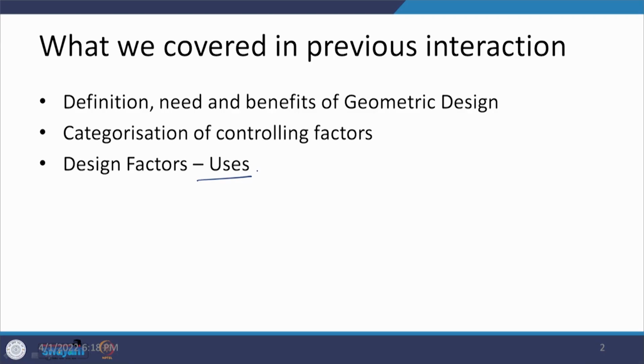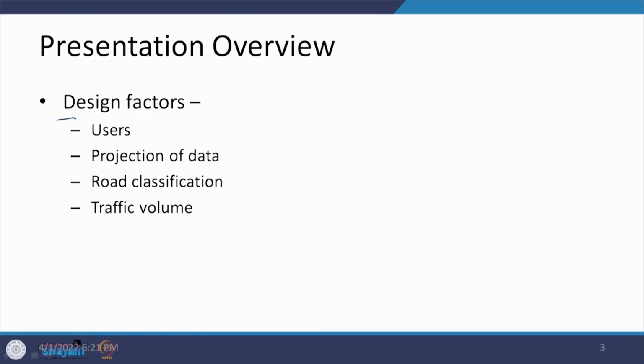factors, and we talked about the uses there, and we have looked at how there can be different types of uses depending on the land use, depending on the area in which the facility is going to be constructed, or whether it is the connectivity within the city or across the cities. So, we are also going to continue with the rest of the factors here, and today in this particular interaction we are going to talk about users and the projection of data.